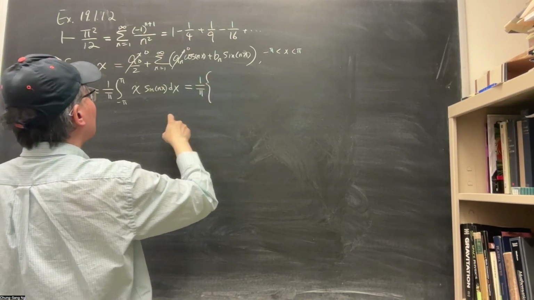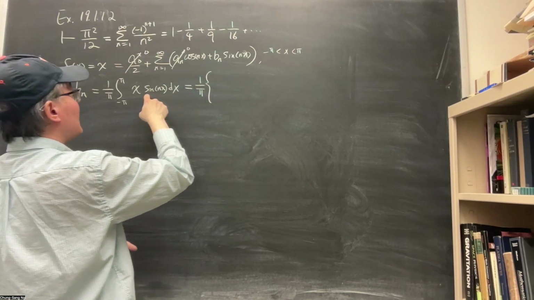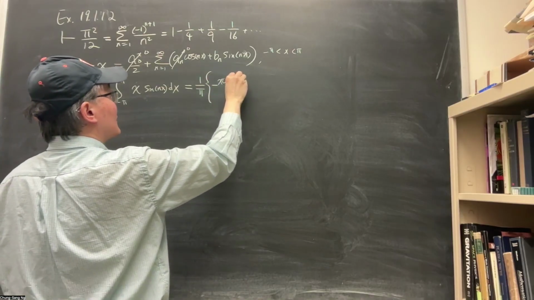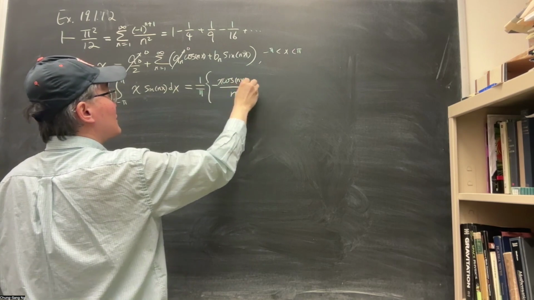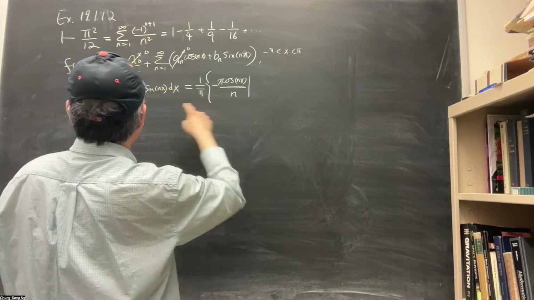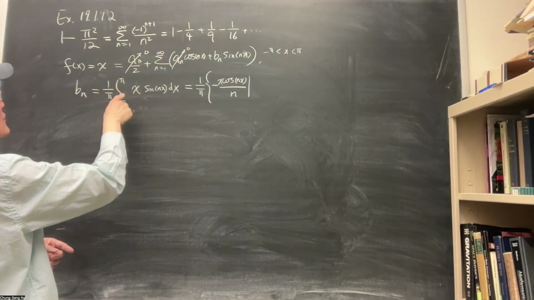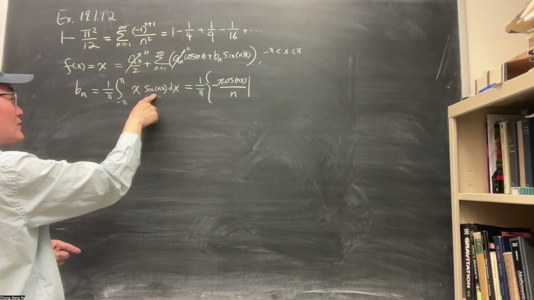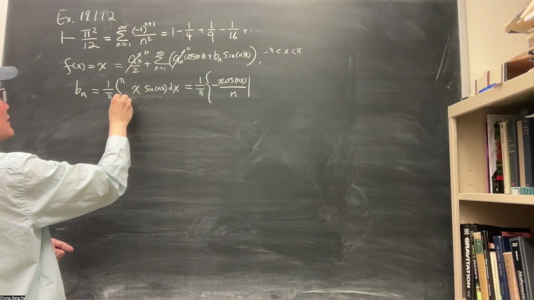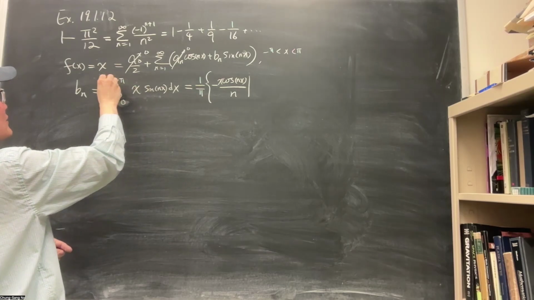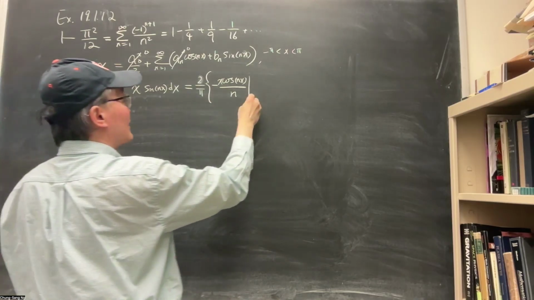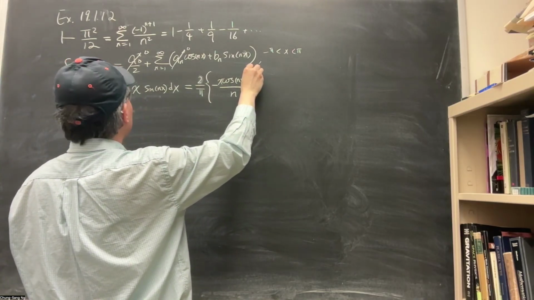Because the function is odd, multiplied by x is also odd, so this becomes an even function. You can integrate from 0 to pi and multiply by a factor of 2.